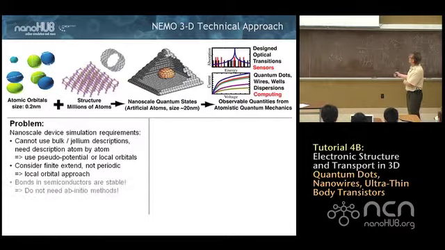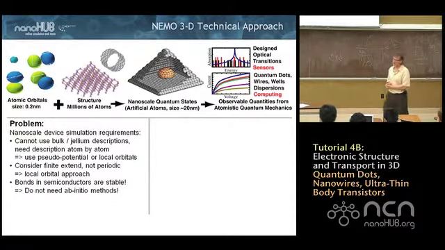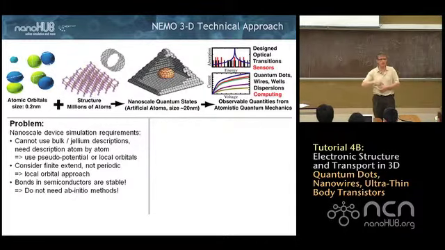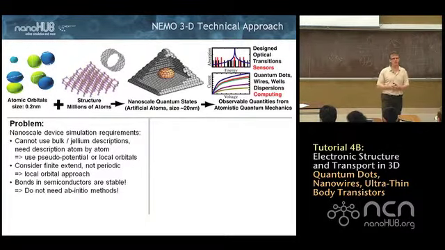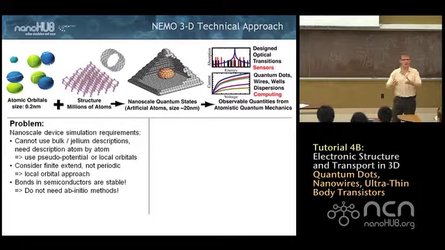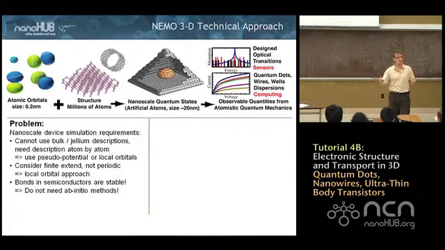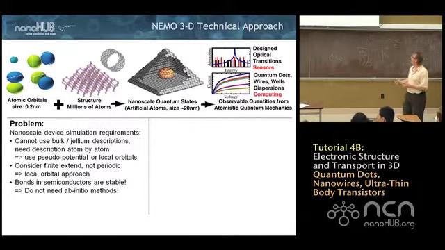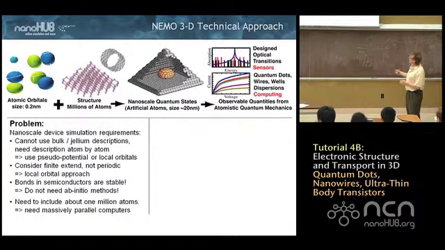Okay? Also, I'm interested in semiconductors that are stable, meaning there's no bonds flopping back and forth. I'm not interested in the chemistry of establishing those bonds. So I don't have to do ab initio calculations either that really establish the chemistry of a certain bond. So I'm allowed to throw away certain things that I'm not necessarily interested in. Also I want to do structures that are realistically large, say 20 nanometer type structures.